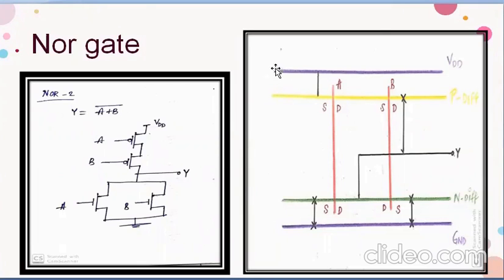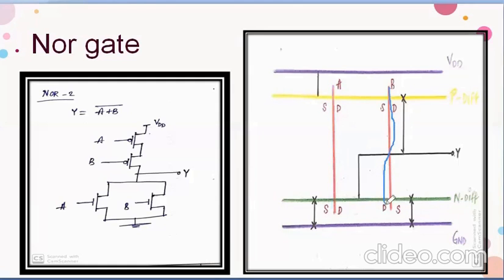I have represented my VDD and ground with blue color, and N diffusion with green color. These are the different color codes we use in stick diagrams. For P diffusion, I represented it using yellow color. Now this red is my polysilicon layer.